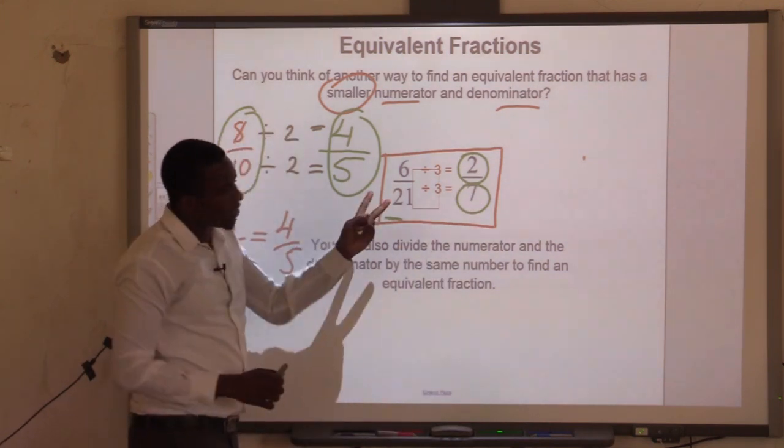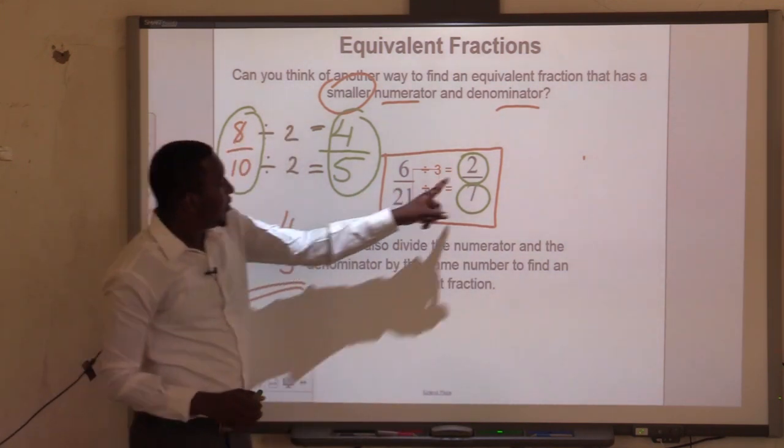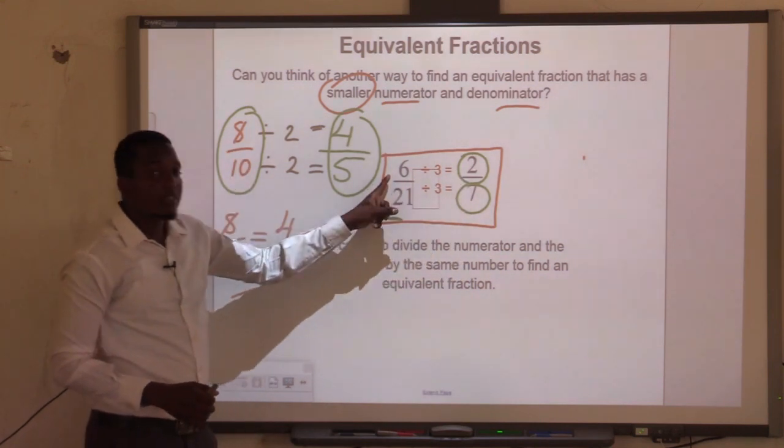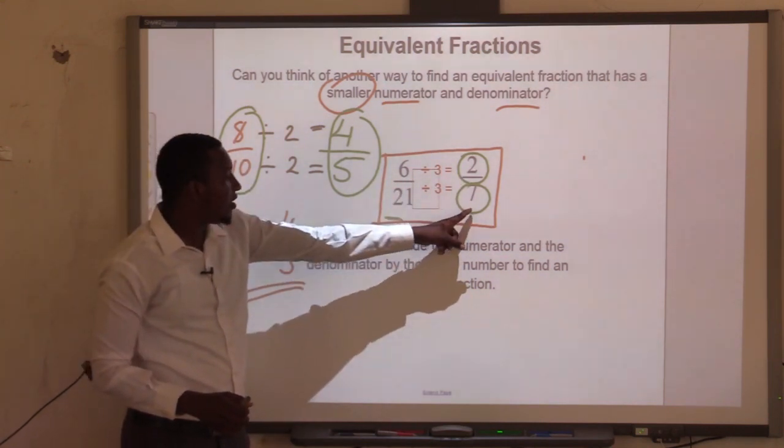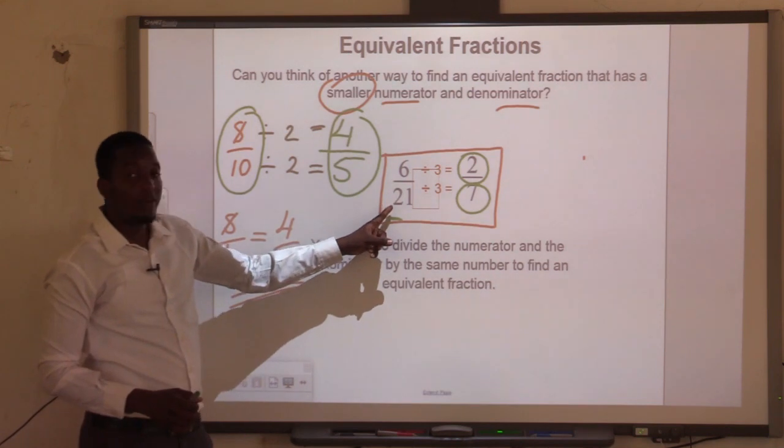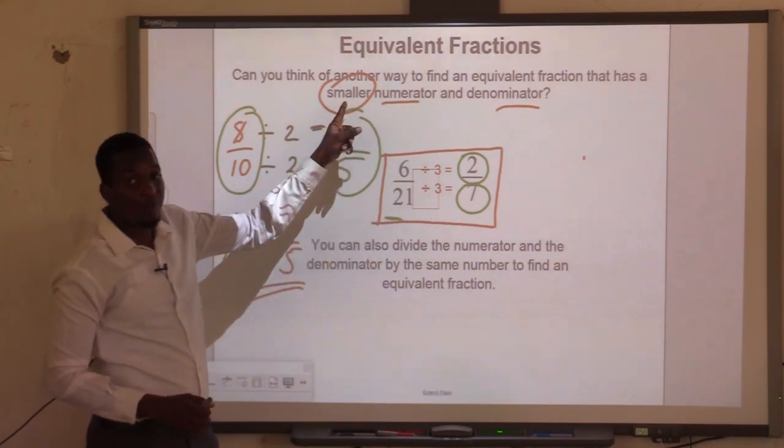So let's look at the two numbers. 2 is smaller than 6, and 7 is smaller than 21, and that's what we are trying to look for.